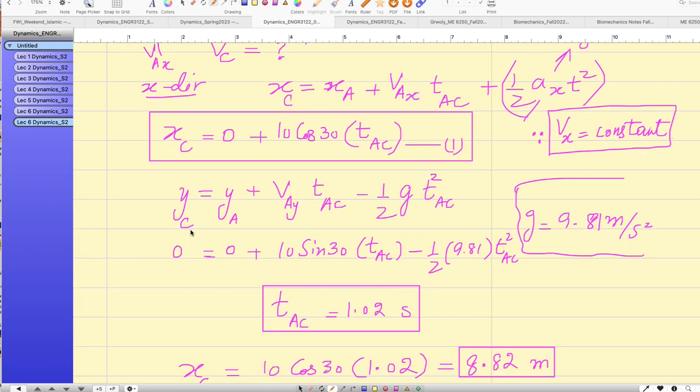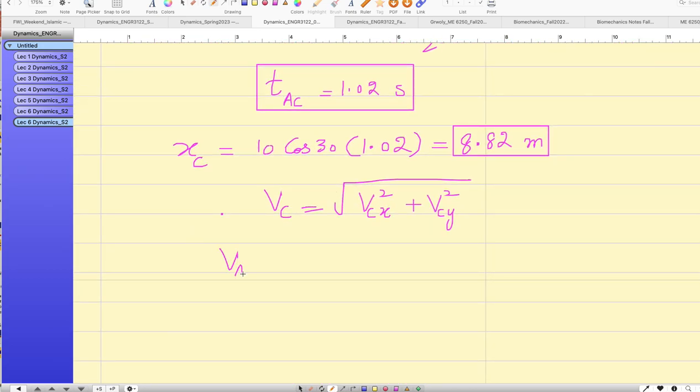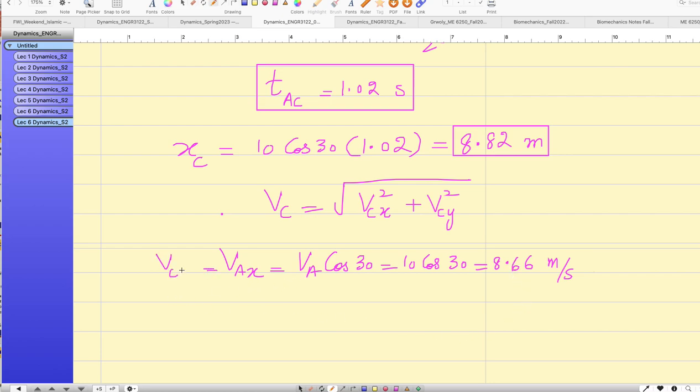VAX is equal to VA cosine 30, 10 cosine 30, that is equal to 8.66. I'm sorry, not 8.86. And that is also equal to VCX. We have found the first component; you just had to apply it.